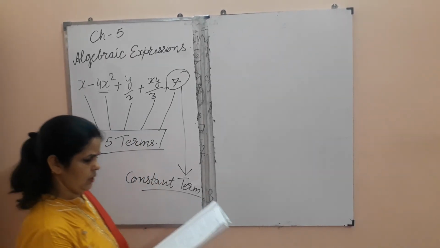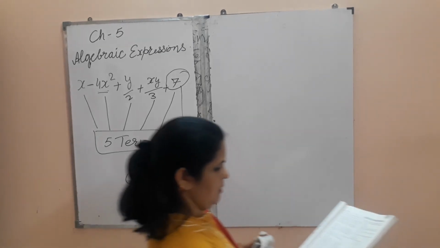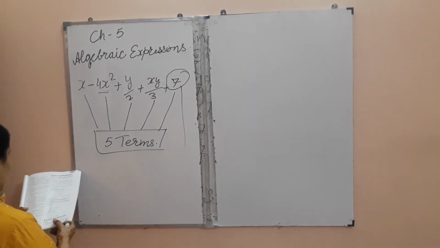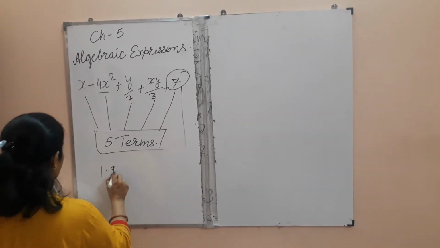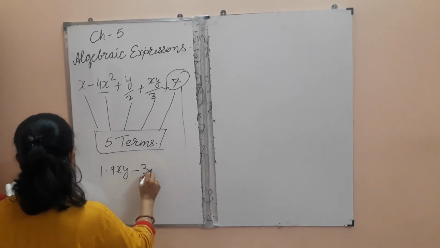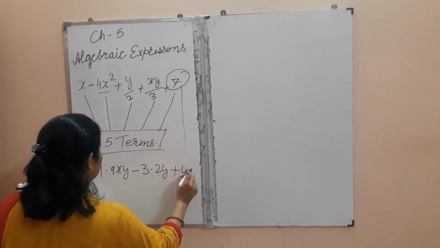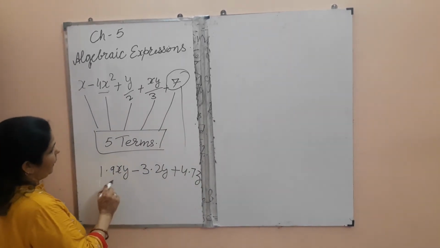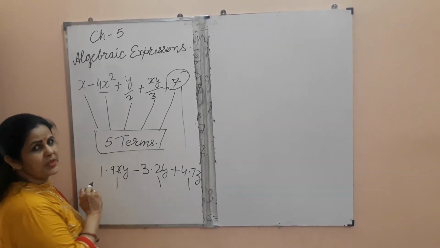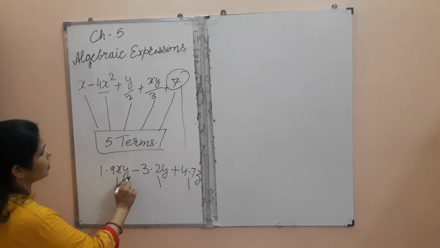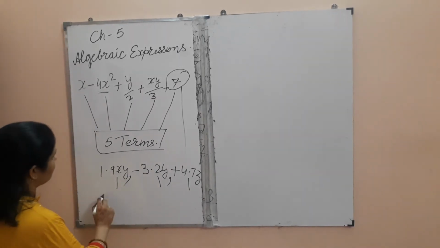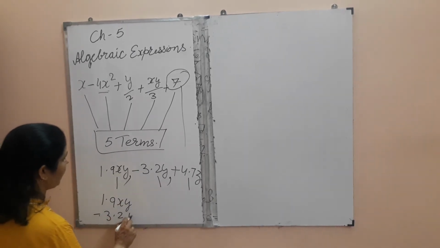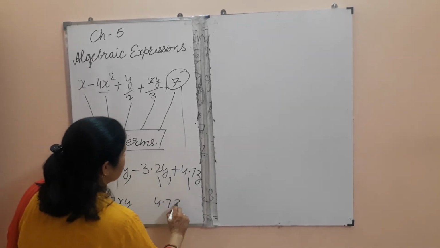Now how will we separate the terms? By putting commas. For example, in 1.9xy minus 3.2y plus 4.7z, which are the terms first of all? 1st term, 2nd term and 3rd term. 3 terms are there. How will we separate them? By putting commas in between. So the terms are 1.9xy, second is minus 3.2y and third is 4.7z.